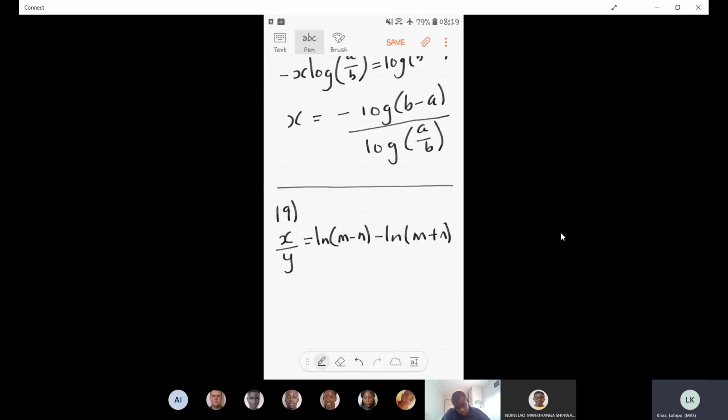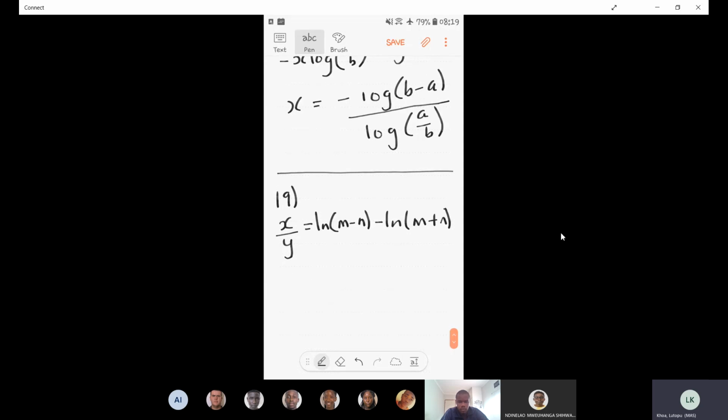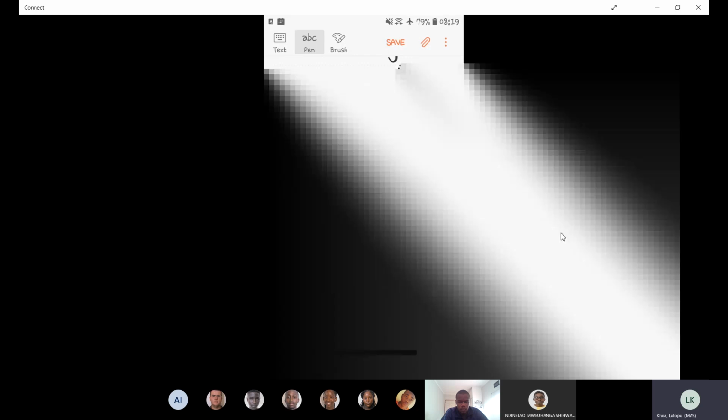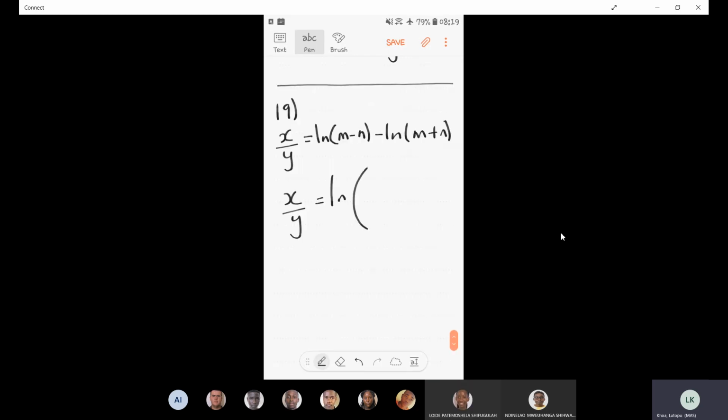So I have two logarithms. The bases are the same. Both of them have a base of e. Then if I want to, I can combine them. And it's a subtraction, so I have to divide the arguments. So I have x over y. This is the same as ln of m minus n over m plus n.